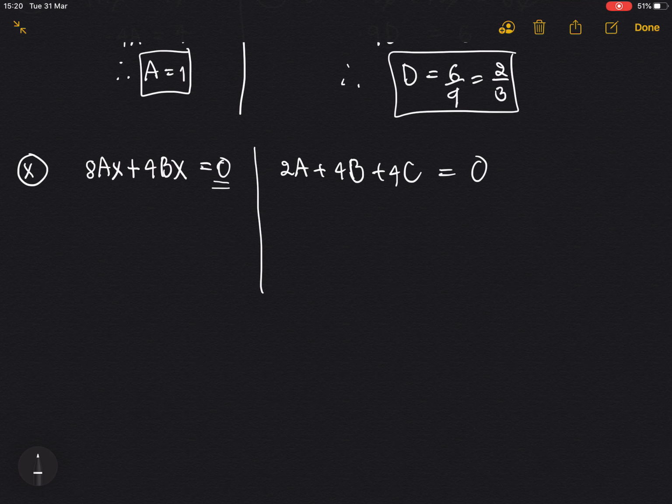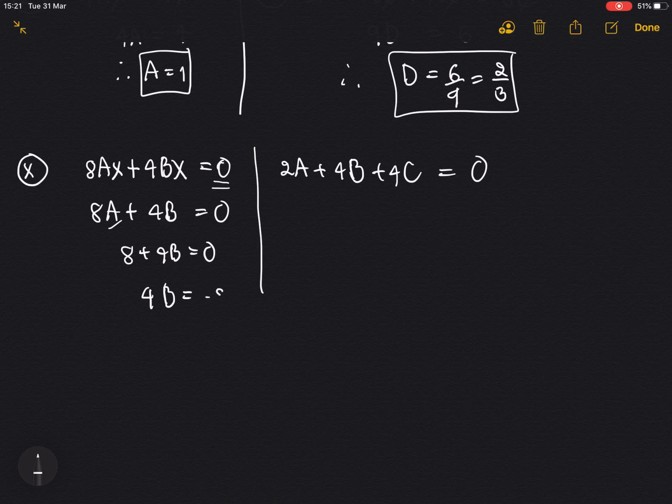And next we have a plus 4b equivalent to 0. So in this case we will find the value of b, since we know the value of a, which is 1. So the value of b in this case is equivalent to minus 2, right? Since you move 4 to the right hand side of the equation, therefore it will become minus 2.